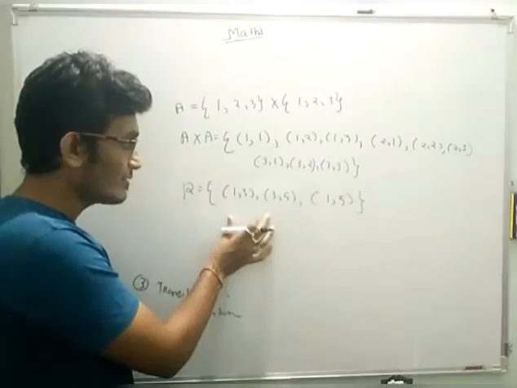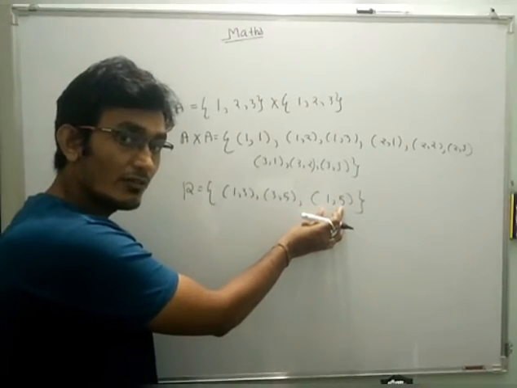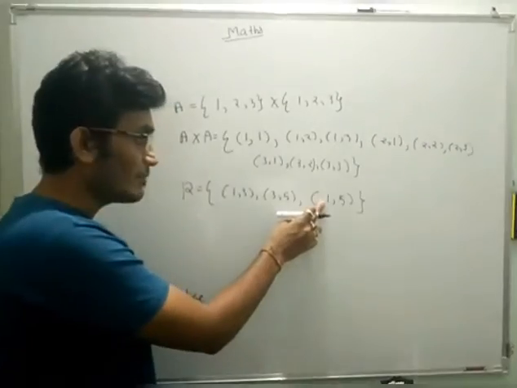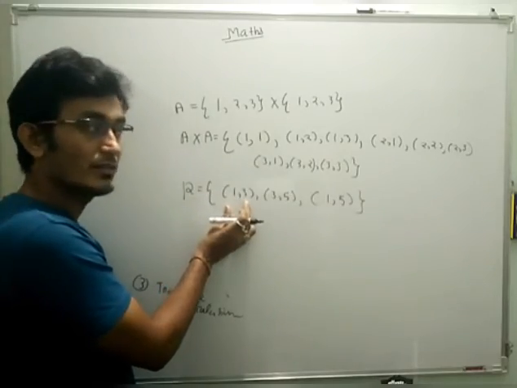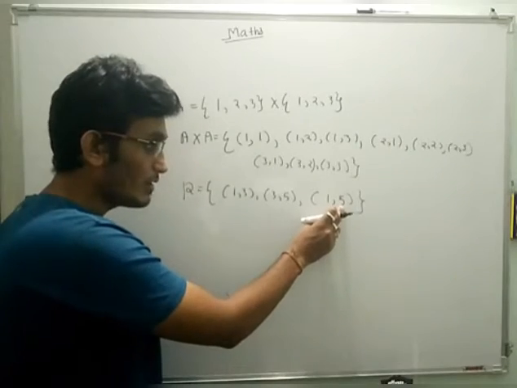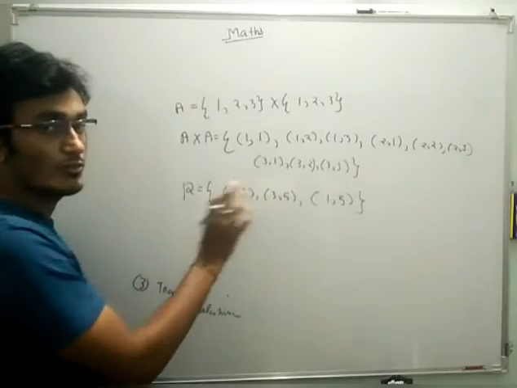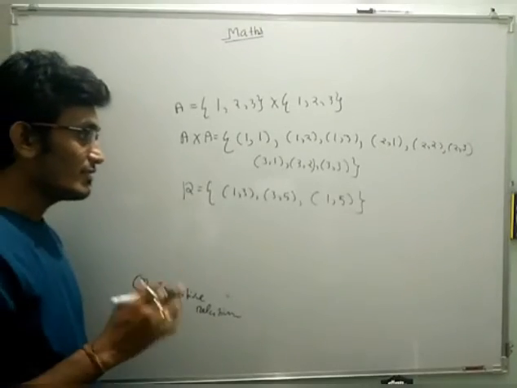When you combine these, (1, 5) is another ordered pair we get. So what is the condition? The first element we consider from the first ordered pair, and the second element we consider from the second ordered pair. Clear? In that case we consider it a transitive relation.